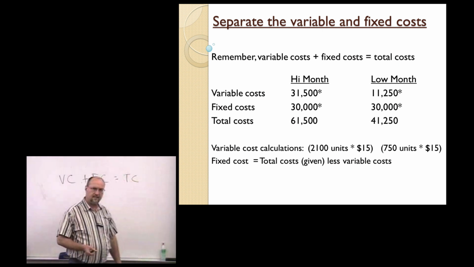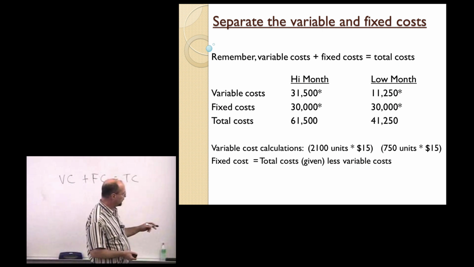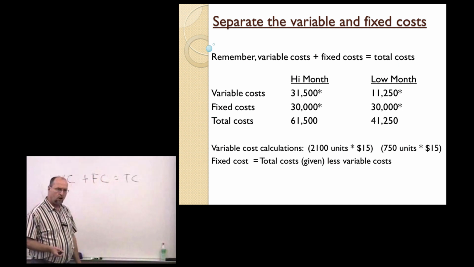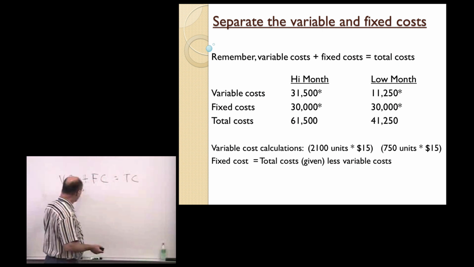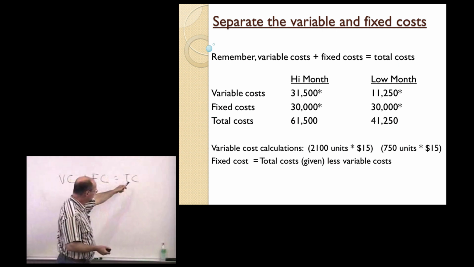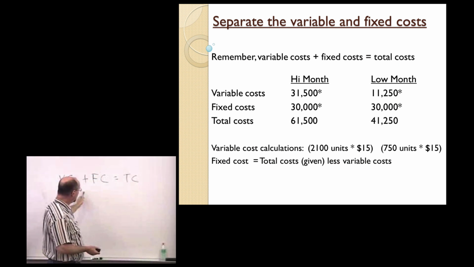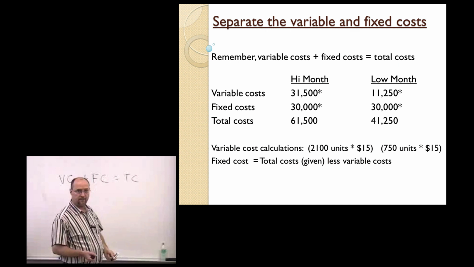Variable cost is $15 per unit, so 2,100 units times $15 per unit gives 31,500. We know that in the high month our total cost was 61,500, and variable plus fixed equals total. If 61,500 is total and 31,500 is variable, then the difference, or 30,000, has to be our fixed cost.